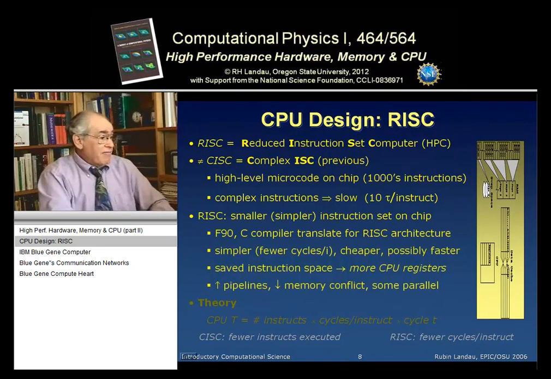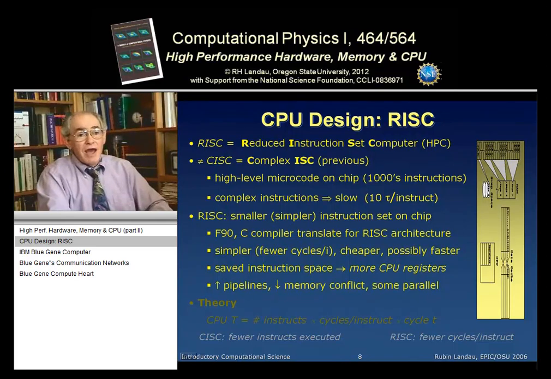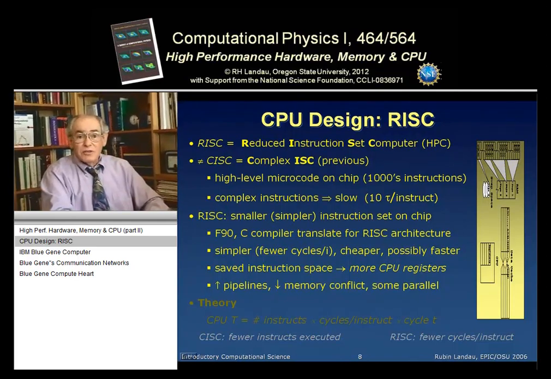And by having that, the amount of time any one instruction would take would be smaller. So fewer cycles would be needed to get through the instructions. It would be cheaper to actually produce these chips, which is what made them revolutionary, that everybody could have a high-performance computer. And possibly, if you did all this right, you'd even end up with a faster computer.